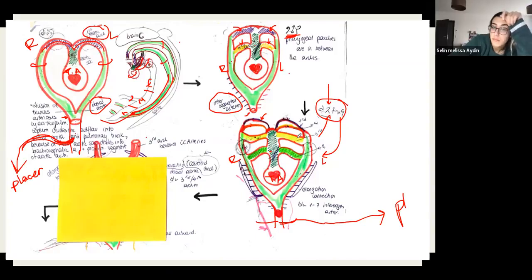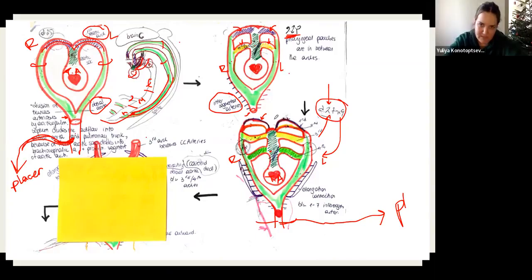So if they are no longer arches, that means that they no longer drain into the dorsal aorta. So what we're gonna see on day 27 is that the first aortic arches lose the connection to the dorsal aortas. If they lose the connection to the dorsal aorta, is there anything holding them down? Not really. So these two vessels start to ascend.